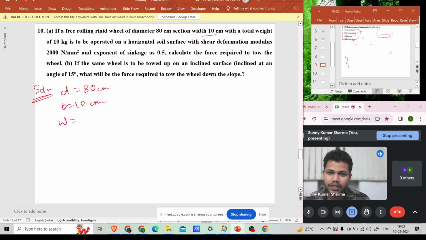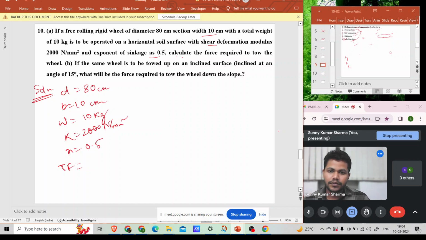The weight coming on the wheel is 10 kg. Shear deformation modulus, that is K, is 2000 Newton per mm square, and exponent of sinkage N is 0.5. Calculate the force required to tow the wheel.